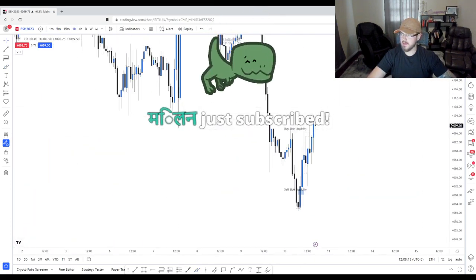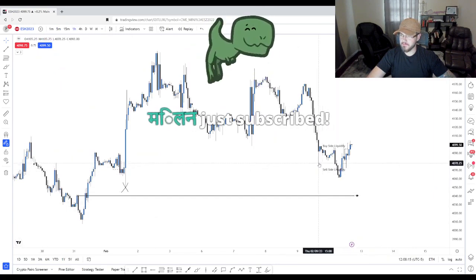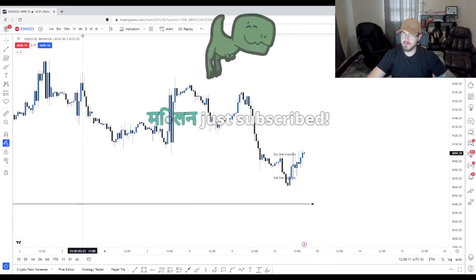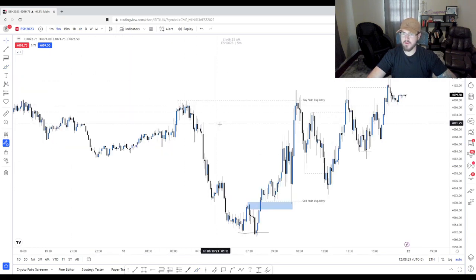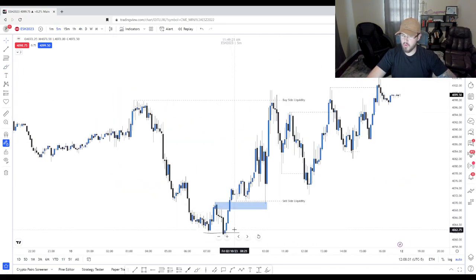Now, if we look at the higher time frames, let's look at a 4 hour, we've taken out a massive liquidity pool, and then we've taken out liquidity again. So we have a reason to look for a bullish narrative, and this smart money reversal down here would hold a lot of strength.